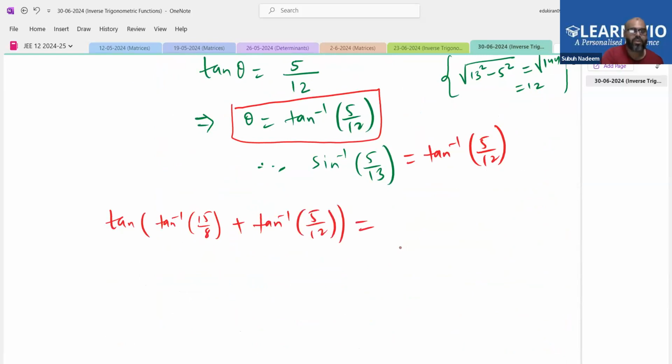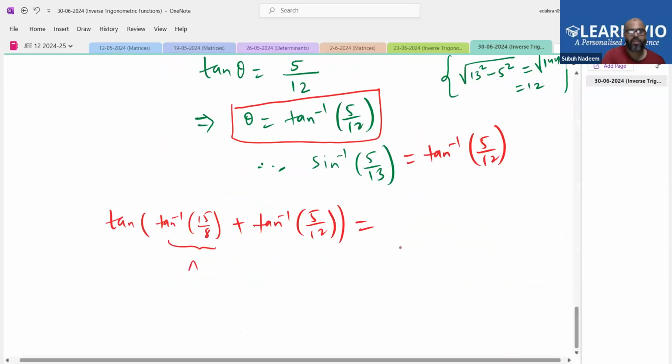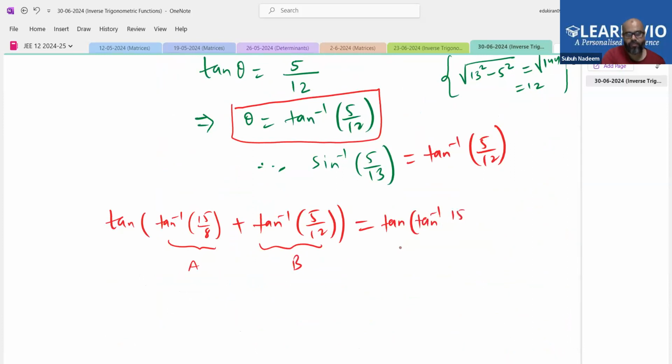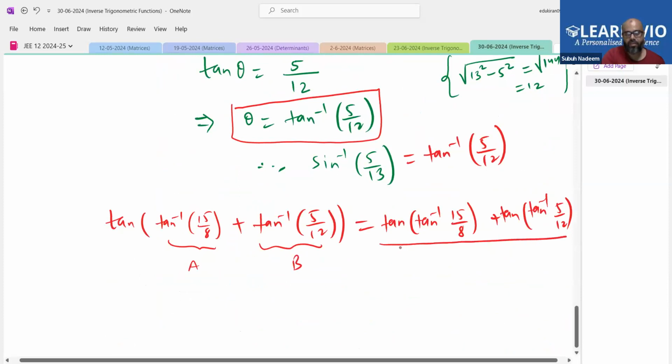Now this is tan of A plus B. This is A, this is B. So it can be written as tan A plus tan B by 1 minus tan A into tan B.